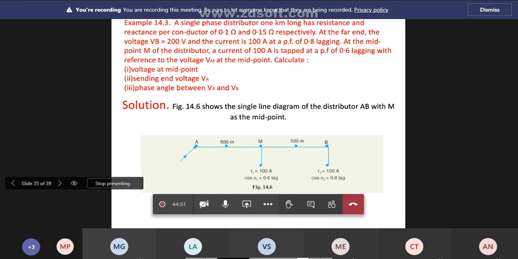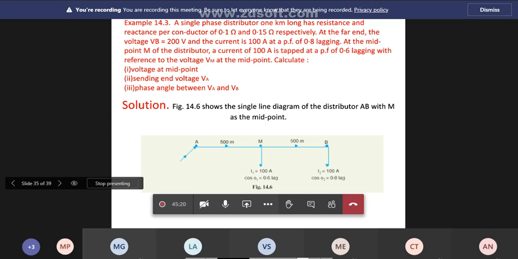Current is 100 amperes, that is I2, 0.8 power factor, cos phi 2 0.8. At the midpoint M, the distributor current I1 is 100 amperes, cos phi 1 0.6 with reference to the voltage Vm at midpoint. Calculate voltage at midpoint, sending end voltage, phase angle between VA and VB.